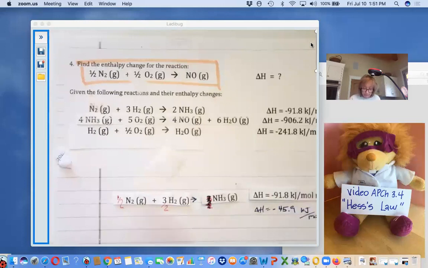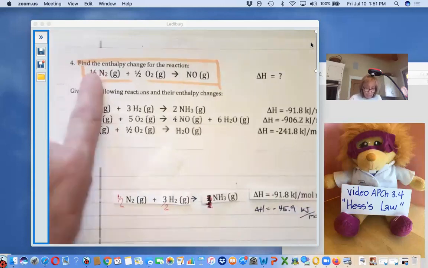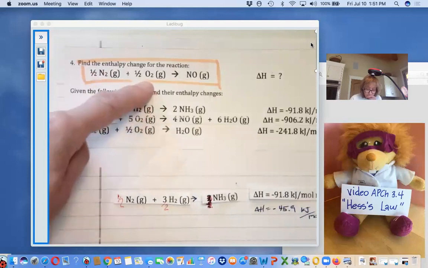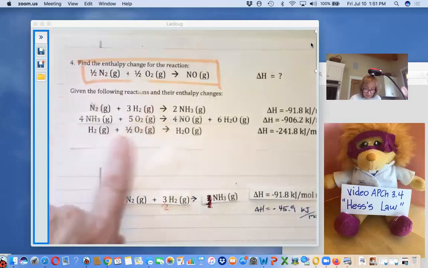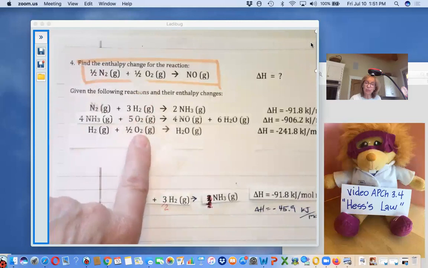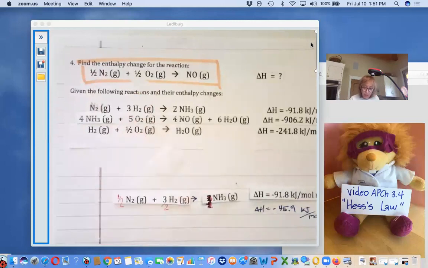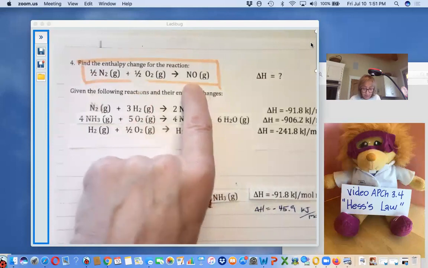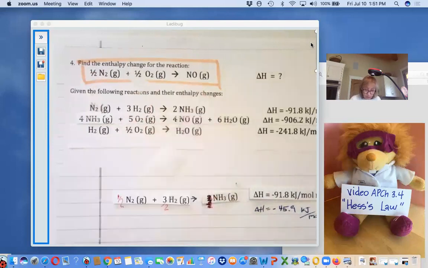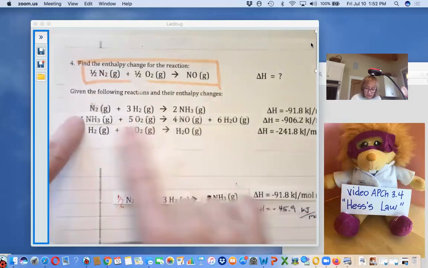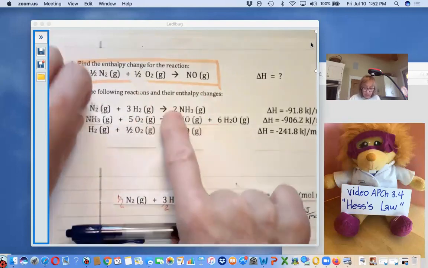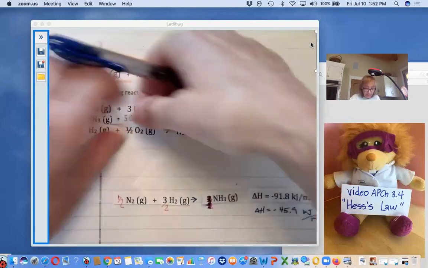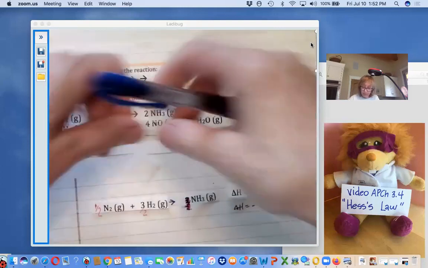Okay, let's see. We need some oxygen. I look down here, I see oxygen in a couple places. So I think I'm going to pass over that for right now. Focus my energy on the product NO. And the only place I see NO is in this middle equation. It is on the product side, so that's good.